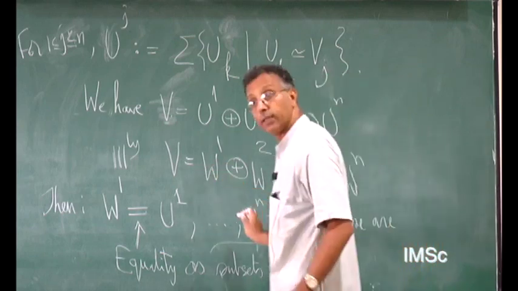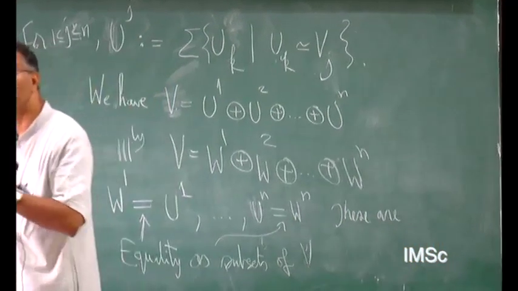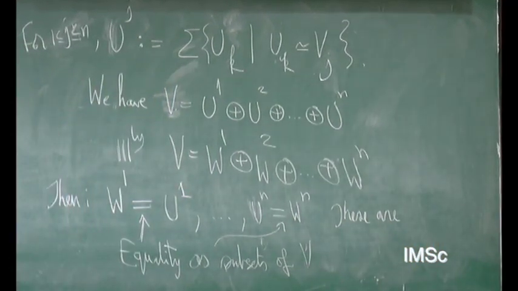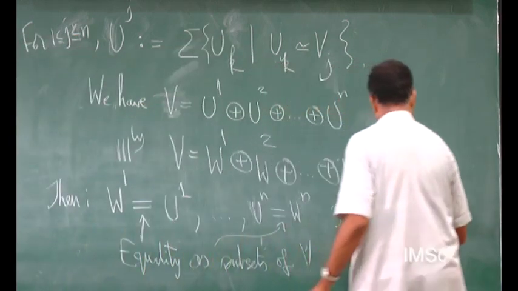So if you do this, no matter what your decomposition is, you get the same answer. That is, U upper 1, W upper 1 are equal, no matter what your decomposition is, by the claim.